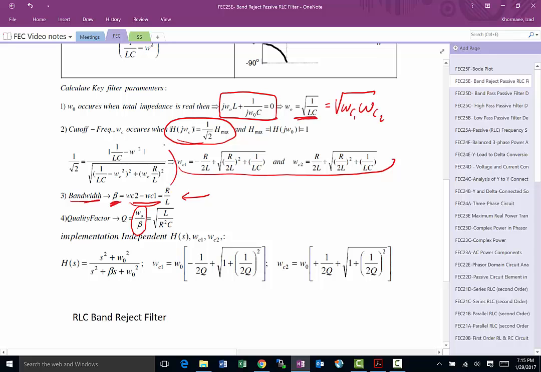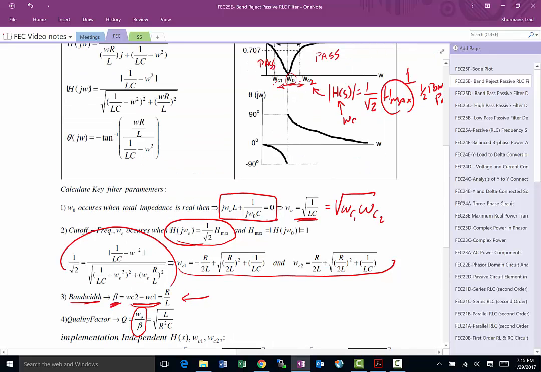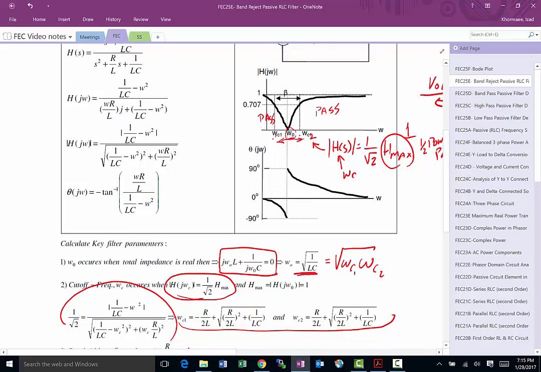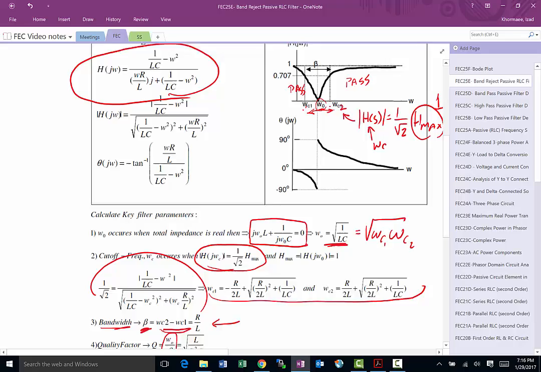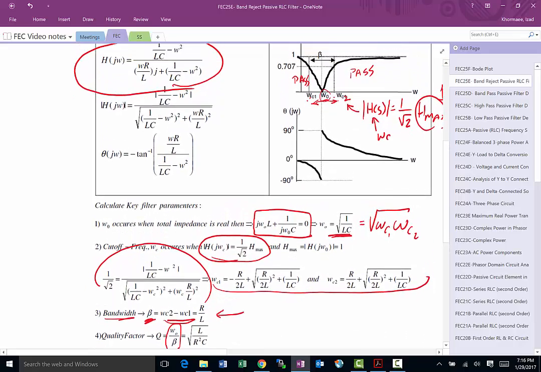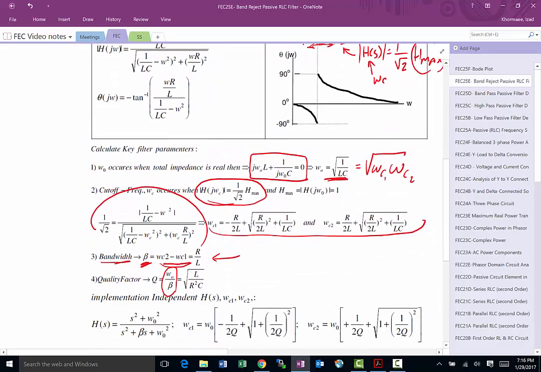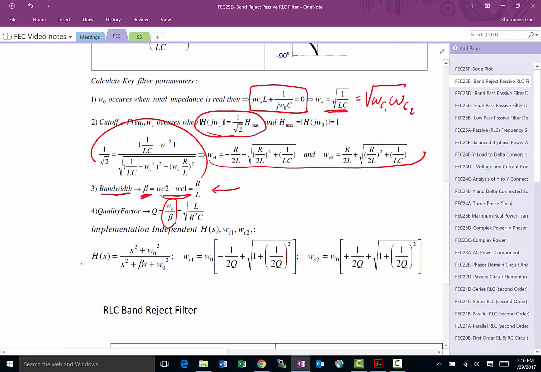Now, we can either use this equation every time somebody asks us for a transfer function for a band reject filter, or it's nicer to calculate beta and omega 0 first and then use this equation. When I say nice, I mean it is implementation independent, so when we implement it in a different form, we can still use this equation as long as we calculate the beta for that implementation.